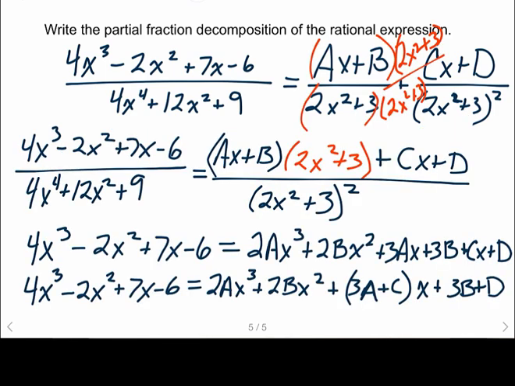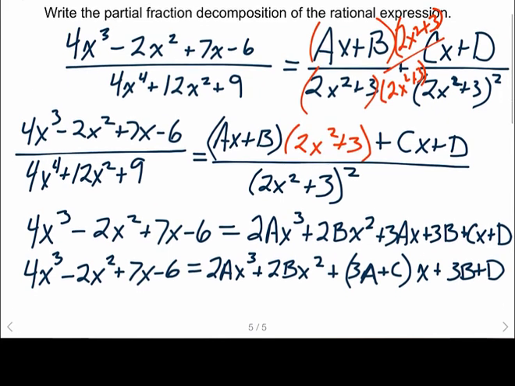Okay, so we multiplied the first fraction, ax plus b over 2x squared plus 3, by 2x squared plus 3 in the numerator and denominator. FOIL the result of that multiplying, and then equate the numerators. Finally put like with like.